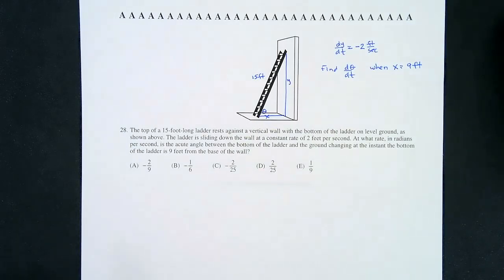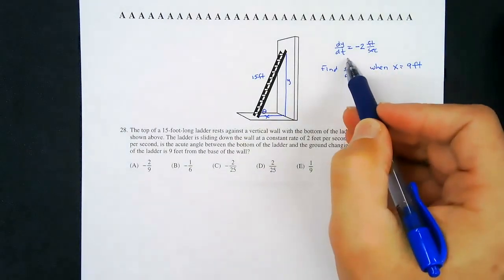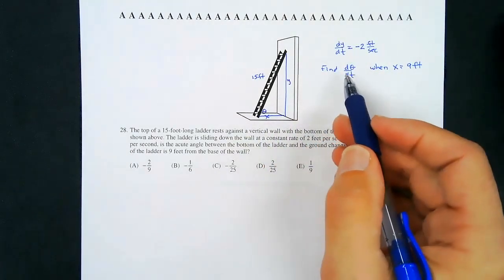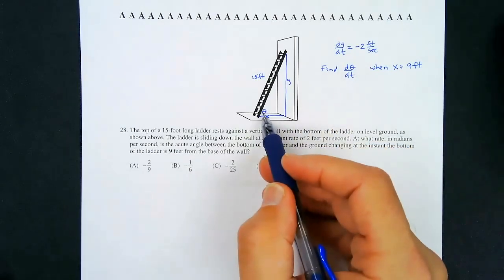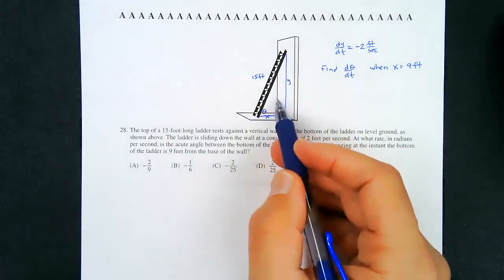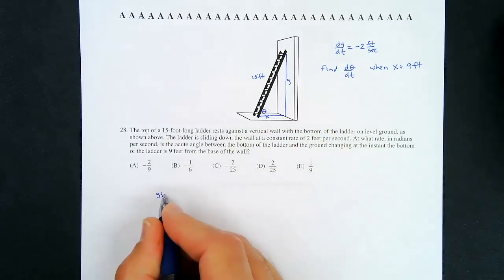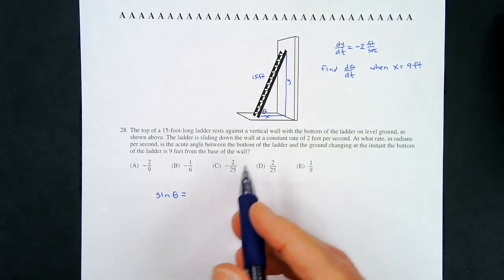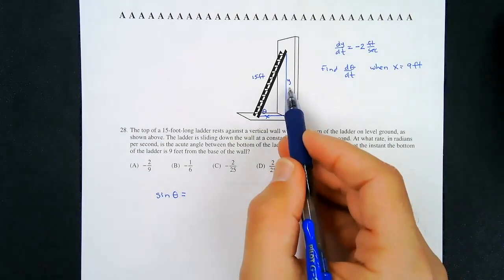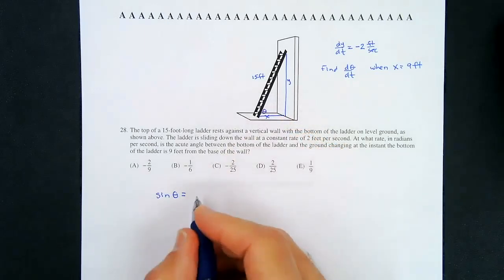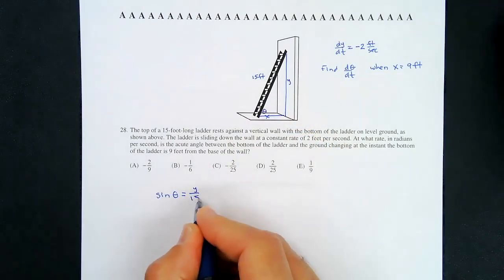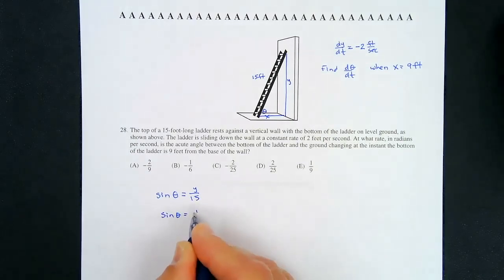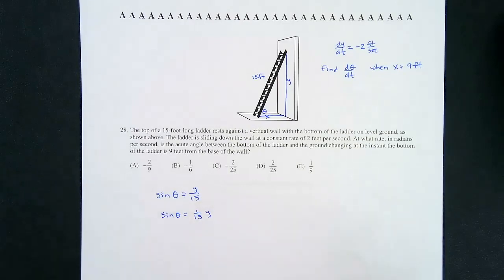Okay, so we need a relationship because we have dy over dt and we want to find d theta over dt. We want a relationship with theta and y. The best for this, I would say, is sine theta. So sine of angle theta is equal to y over 15, because that's my hypotenuse, or sine of theta is equal to 1/15 times y.